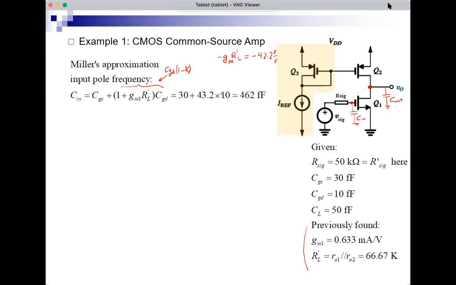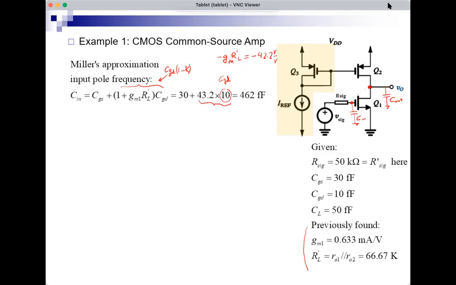Notice that CGD, which is 10, now appears in the equation as 43.2 times that. It appears as 432 femtofarads. So the contribution of CGD to the input capacitance is very large. It's a very large component of the input capacitance and much larger than CGD. 432 from a capacitor which is really just a 10 femto.